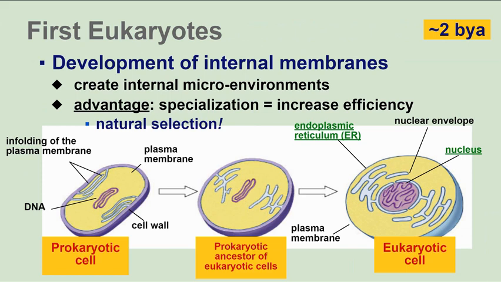Okay, sorry. Let's talk about the evolution of the first eukaryotes, because the oldest life on Earth would have been much more similar to the bacteria that we see today, where they don't have the endomembrane system, they don't have some of the other organelles like the mitochondria and the chloroplast.